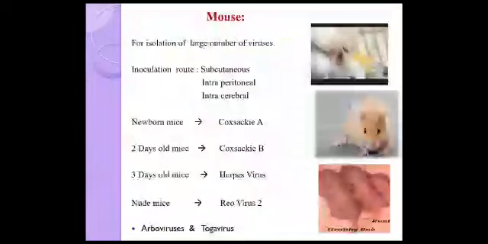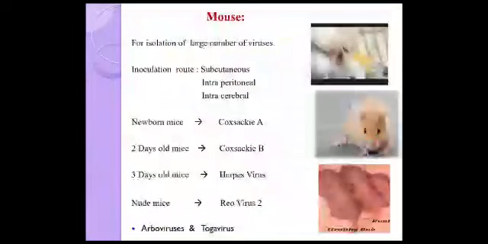Most often, suckling mice are used for growing the Coxsackie A and Coxsackie B viruses, and the presence of these viruses can be identified in these mice by noting what kind of paralysis Coxsackie A and B produce.